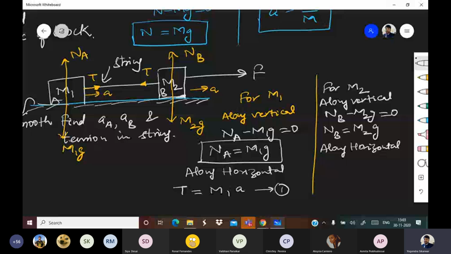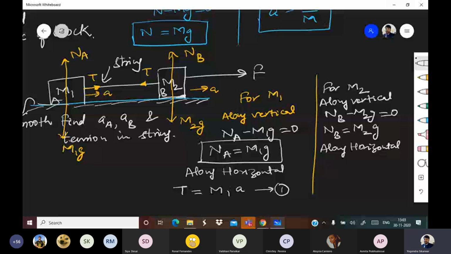Anyone else? So you can write F because it is towards right, minus T because it is towards left, is equal to M2 A, and that is equation 2. Very nice, Kimaya. Very nice, Deepika.